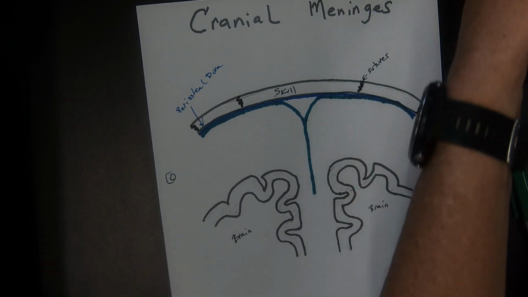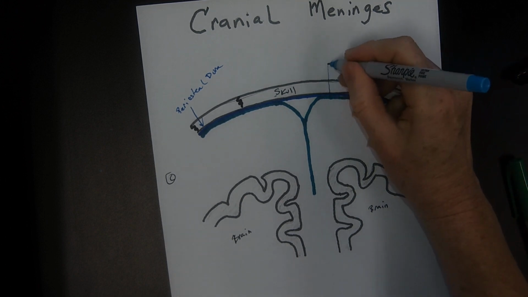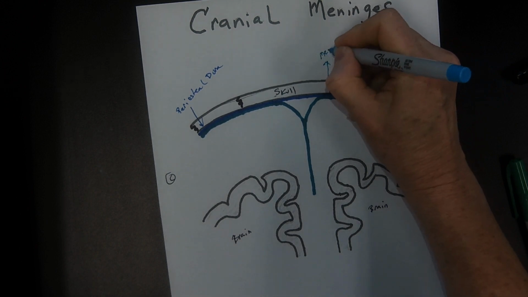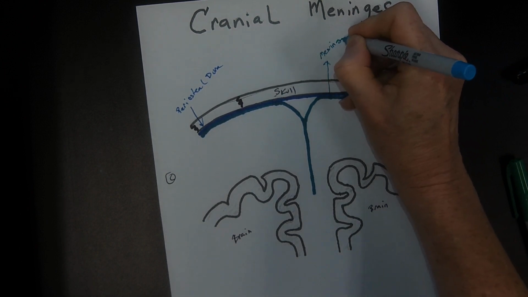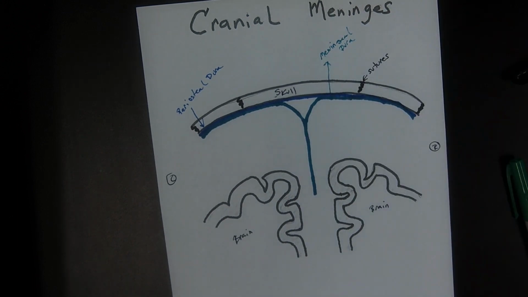Let's label that. So the second layer is going to be your meningeal dura. Okay, so the dura mater in the brain is just going to be composed of the periosteal dura and the meningeal dura.